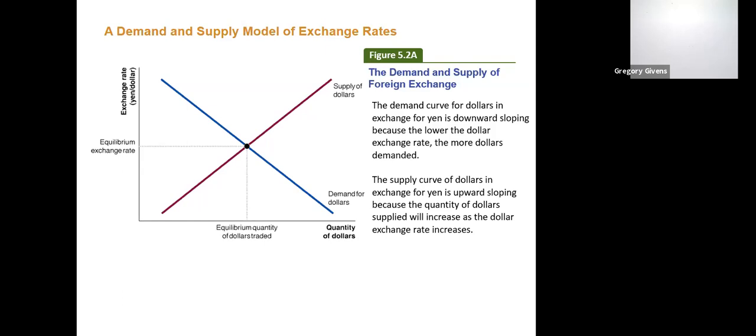Now, there's a key implication here. And what is that? Anything that disturbs the supply or the demand for US dollars that are to be swapped for Japanese yen, that is, might shift around the supply curve or shift around the demand curve, is going to cause the equilibrium exchange rate to move around.